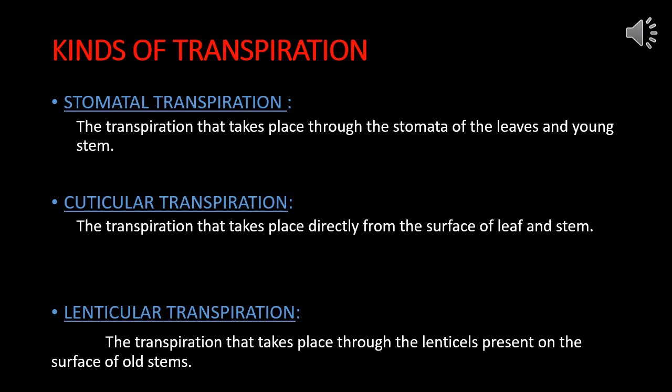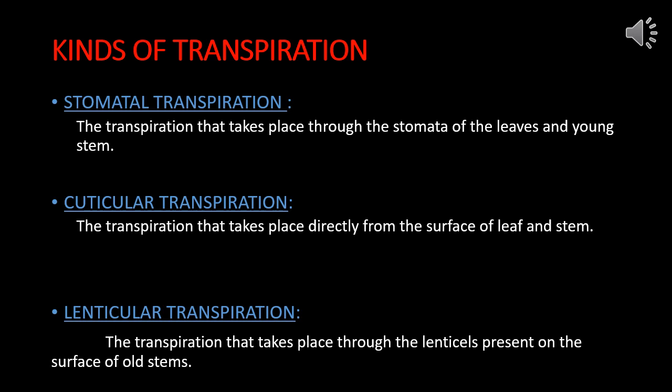You know, on the surface of the leaf and the stem there is an outer covering that is called cuticle. The transpiration takes place from the outer surface. Then the lenticular transpiration. The transpiration takes place through the lenticels present on the surface of the old stem.